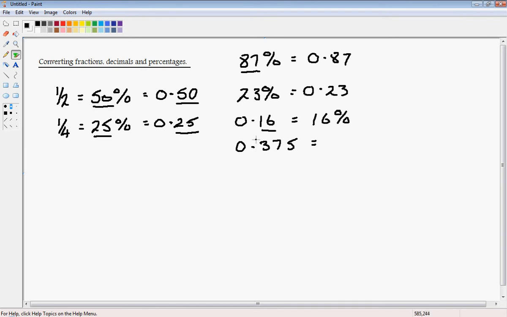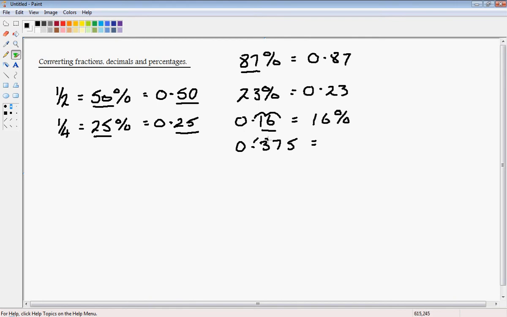Now what's actually happening is that the decimal point is moving back 2 places, because we're multiplying by 100.